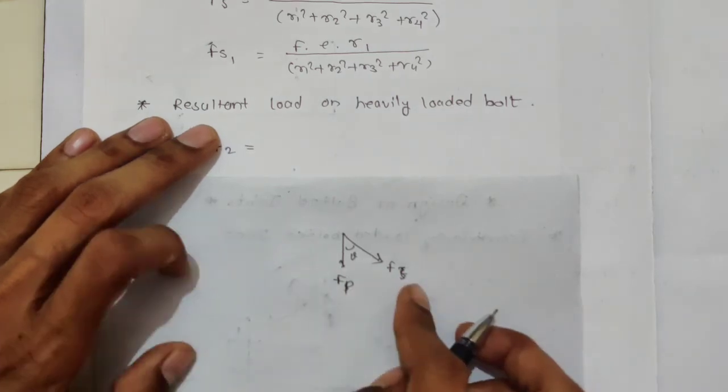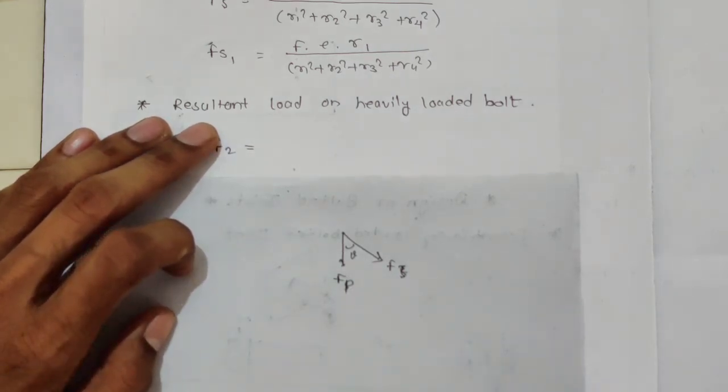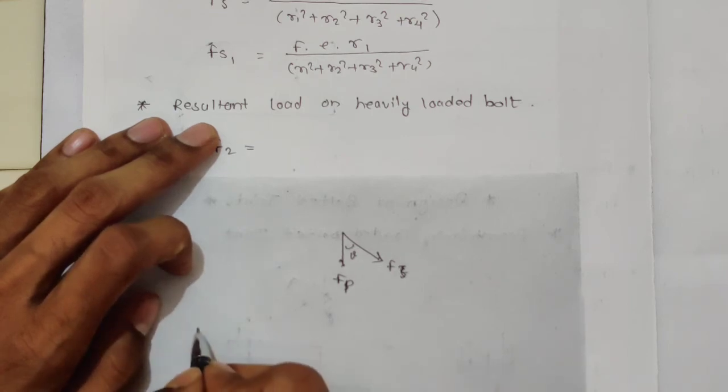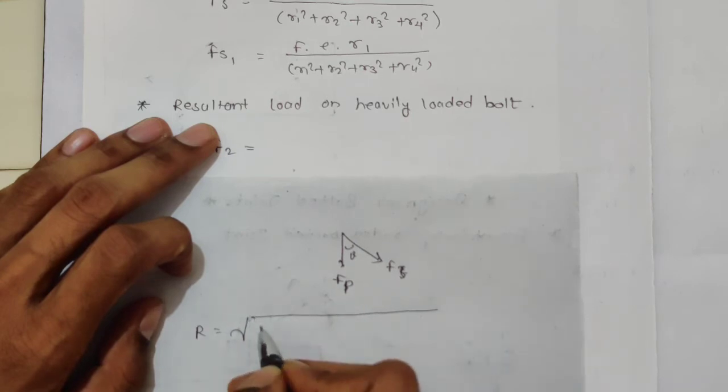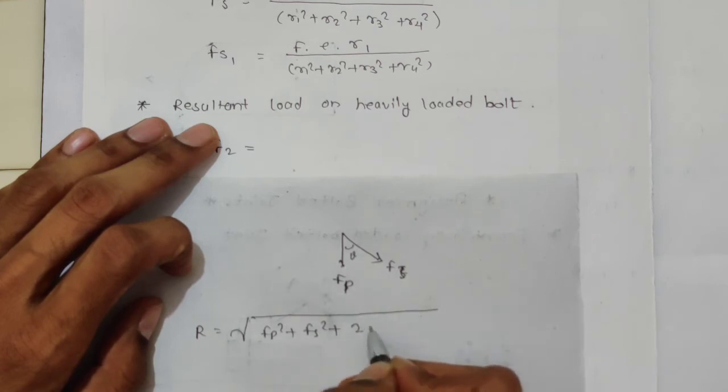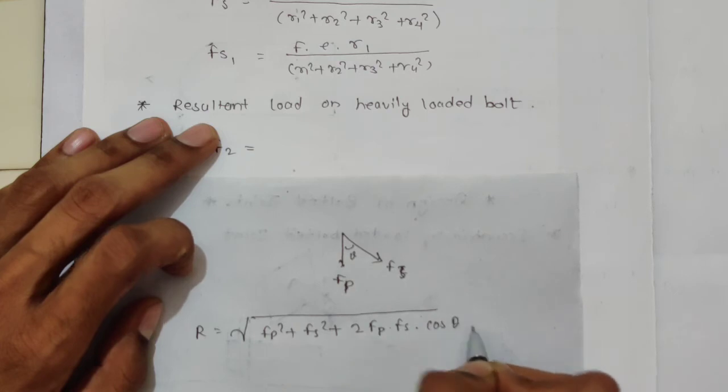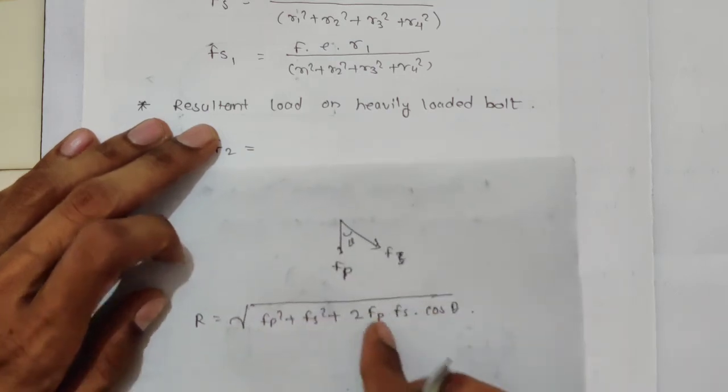So from the resultant force calculation using the vector addition method, we can say that the resultant will be under root Fp square plus Fs square plus 2 Fp Fs cos theta. So this is the vector addition method.